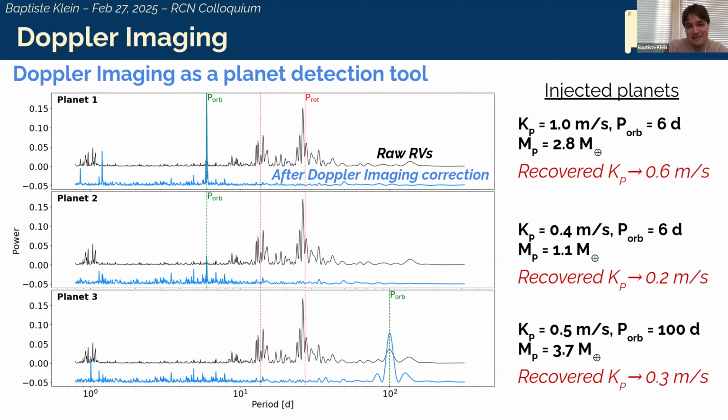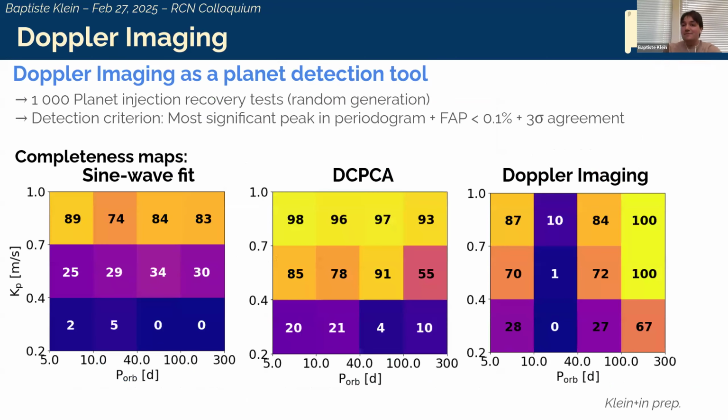Yet, if we do it like that, we can just see how good our Doppler imaging performs as a planet detection tool by doing blind planet injection recovery tests. So I injected now 1,000 planets in the CCFs that I have as an input.